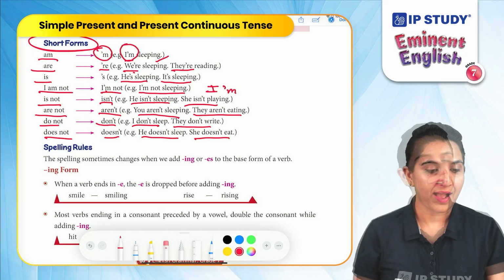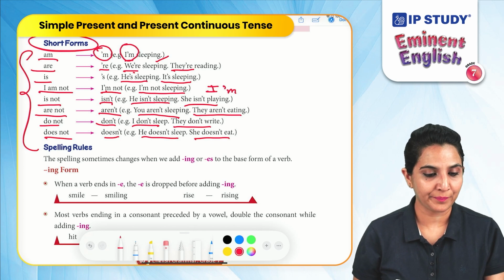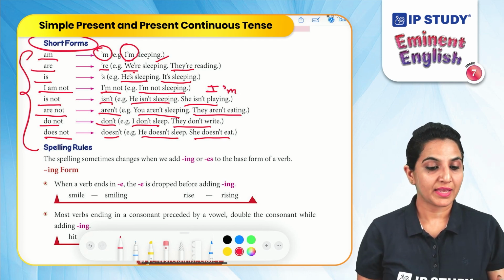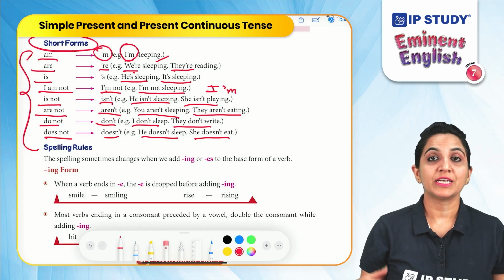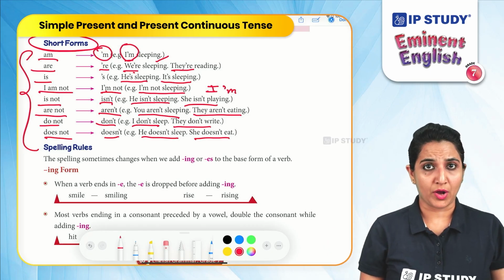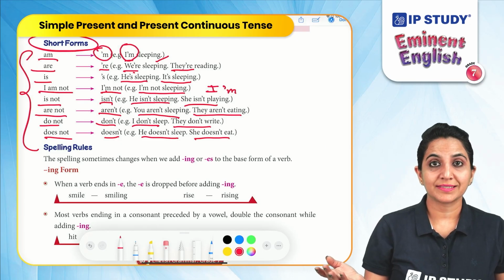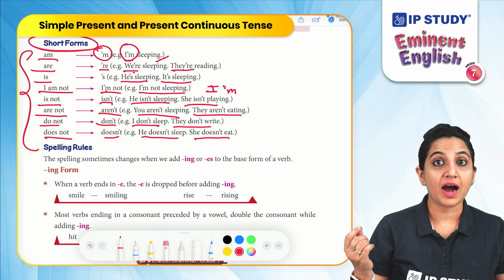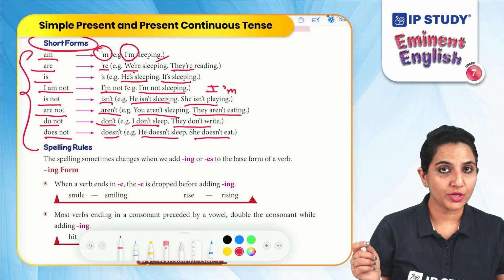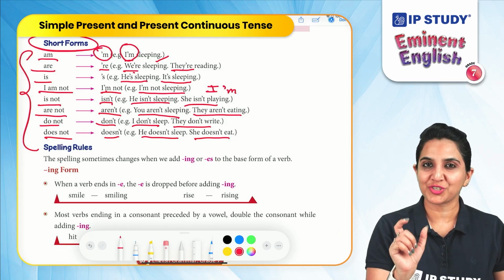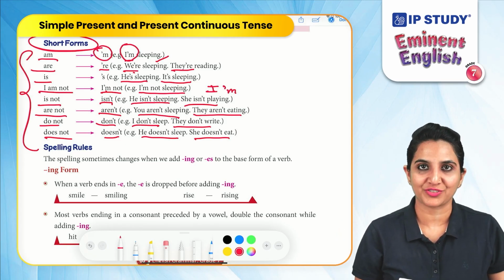We'll revise them. I am becomes I'm. Are, we're, they're. Is, he's, it's. I'm not, is not, isn't. Are not, aren't. Do not, don't. Does not, doesn't. So that's how you make them shorter by adding contractions.